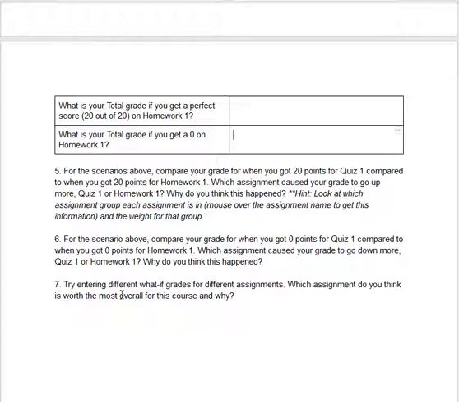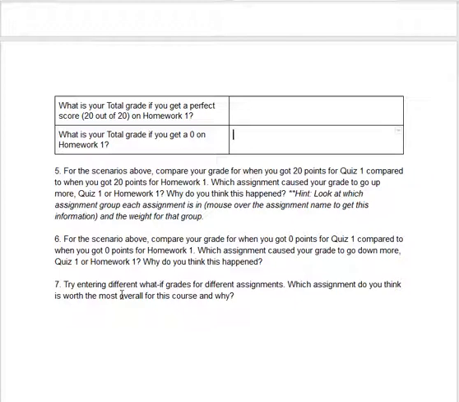So this isn't a perfect one because obviously if you do the math, you could potentially be in a low assignment weight group and still be worth a lot of points. So mathematically, it could be worth a lot, but ultimately, if you've got a final exam that's worth 50% of the grade compared to everything else, pretty much that grade is going to be worth the most overall for this course.